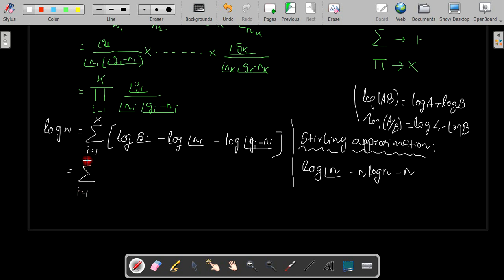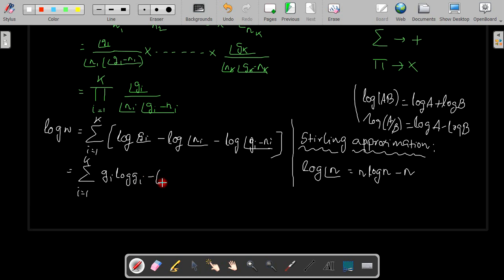It's very simple. 1 to k remains the same. The first term is gi log of gi. When you open this, you will get a minus gi term. You also get a plus gi term, because there is one minus here and one minus here to become plus, so that term will get cancelled out. So you can simplify this.